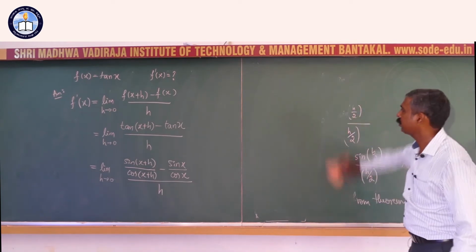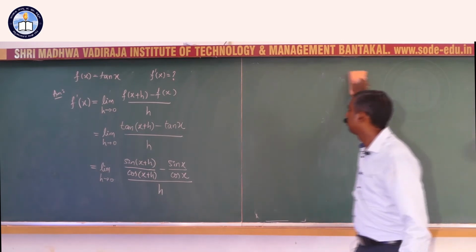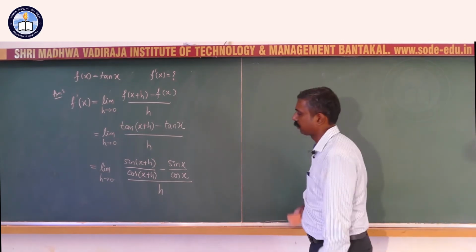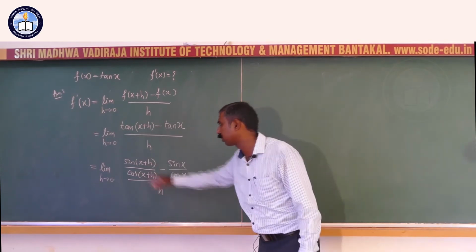Next step will be taking the common denominator in your numerator. Let's take the common denominator of these two. So cos x will come to the other side.